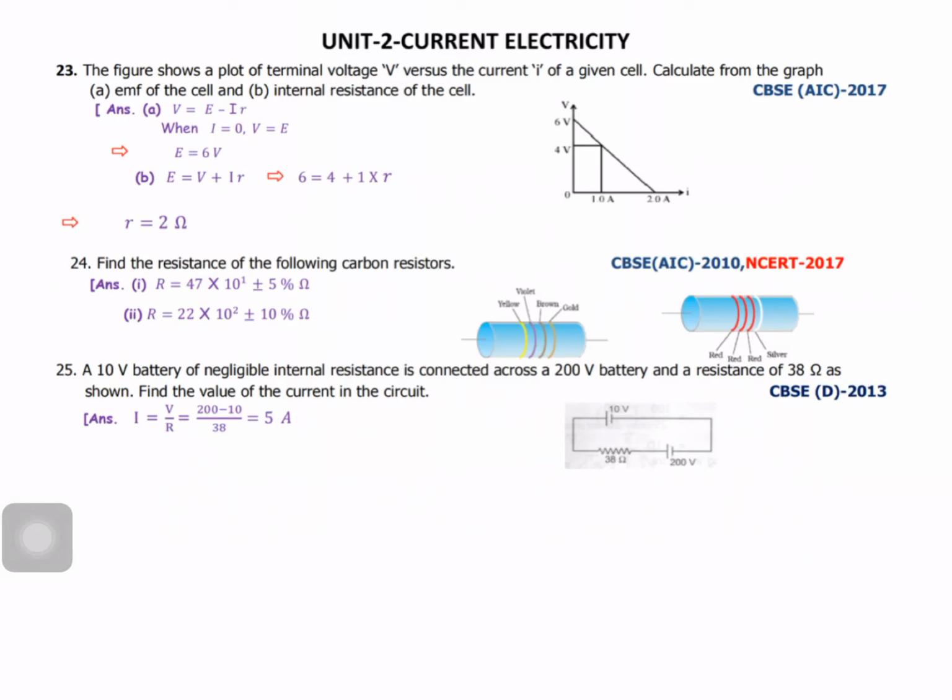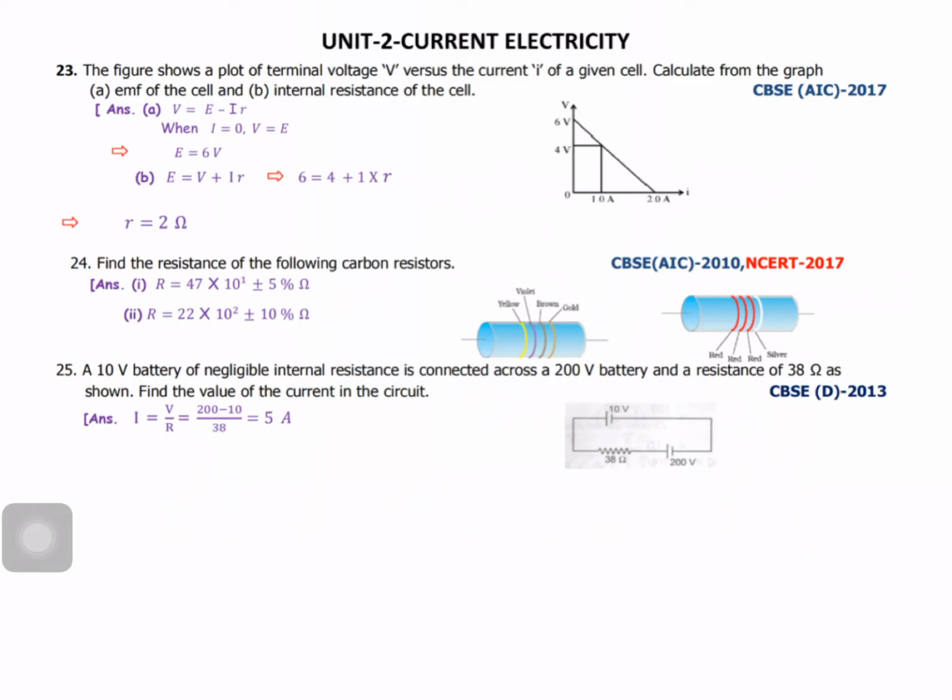Next one: find the resistance of the following carbon resistors. I hope you know the color code values. Based on the color code values, we can calculate the resistance of the resistors. The colors given in the resistor are yellow, violet, brown, gold. Gold is the tolerance band, the other three bands are the color code.